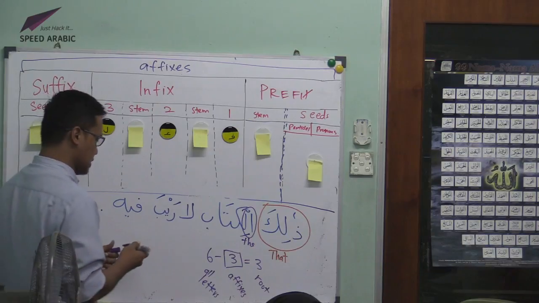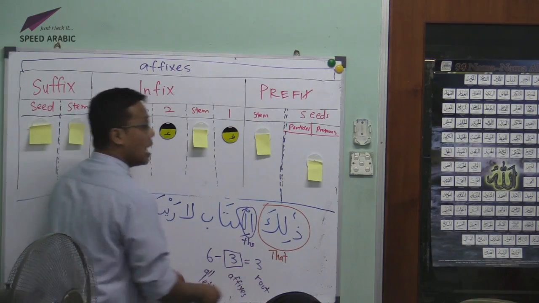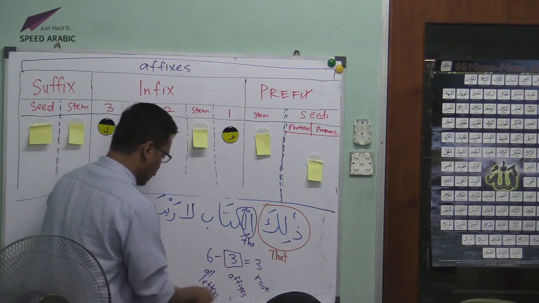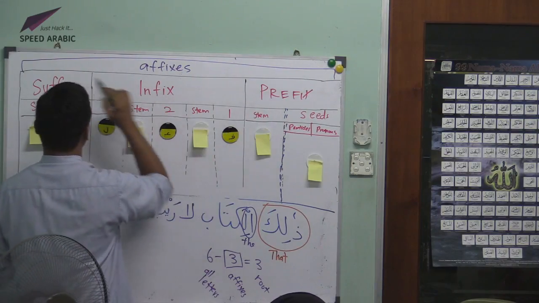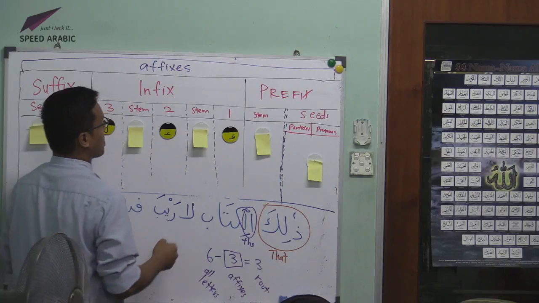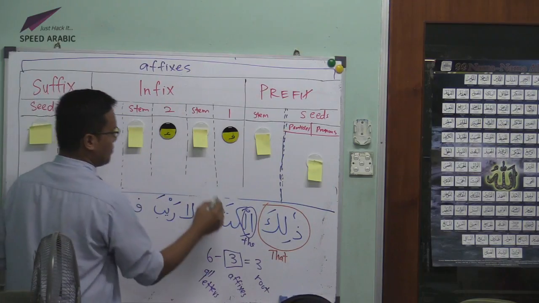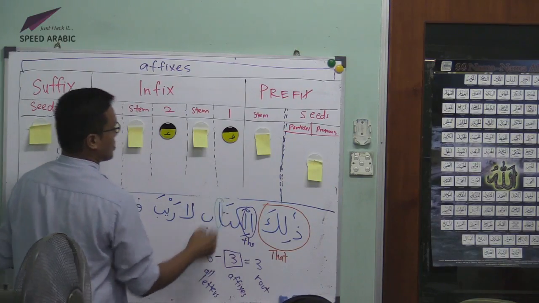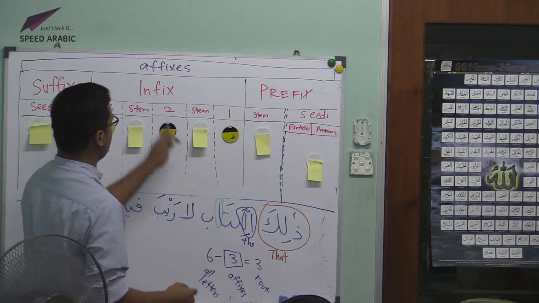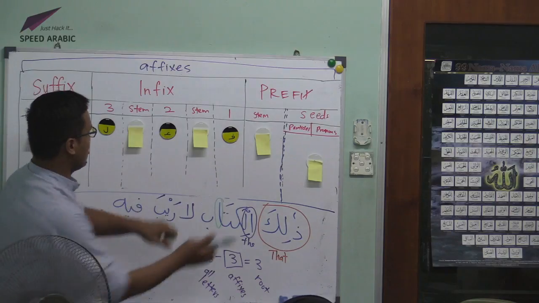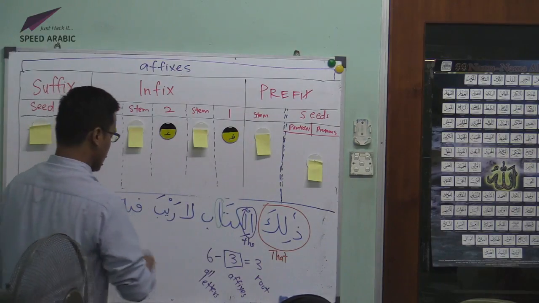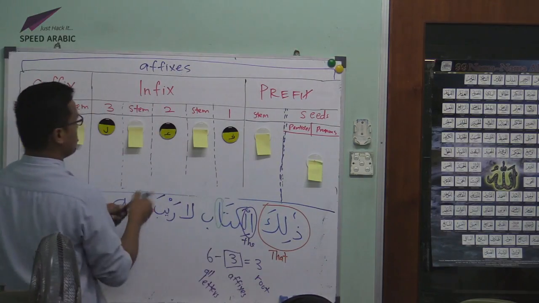What is the next affix? Alif. Is it a prefix, infix or suffix? It's an infix. Why is it an infix? Because it's in between the roots.